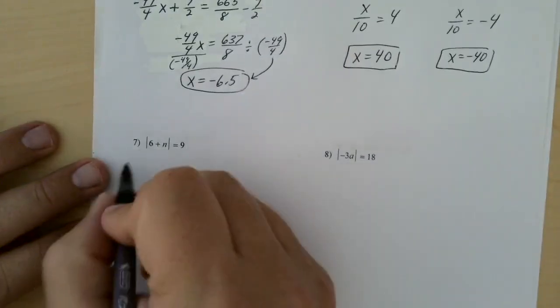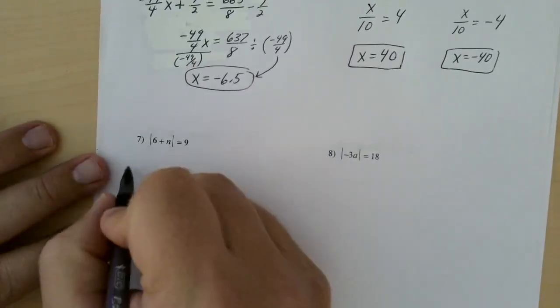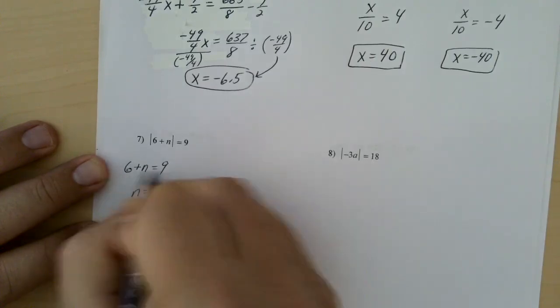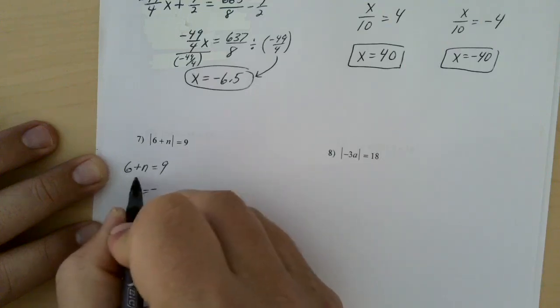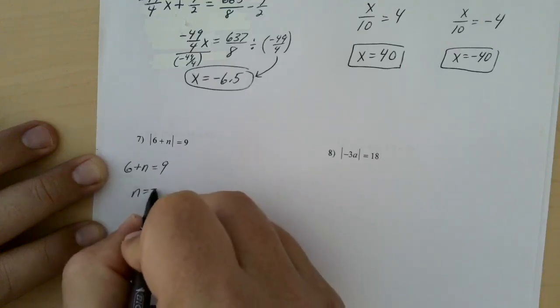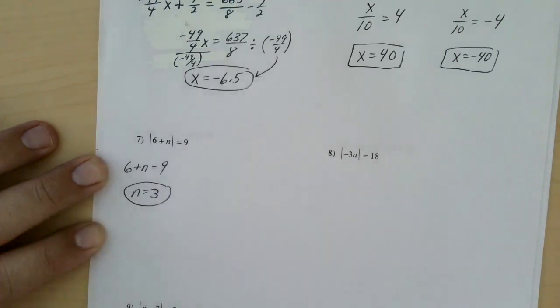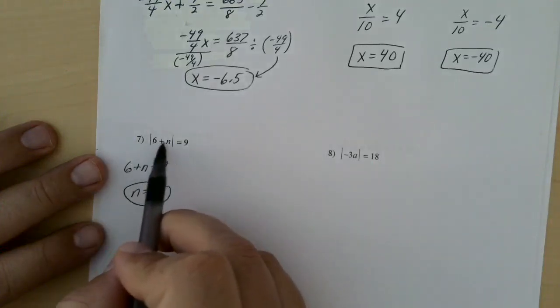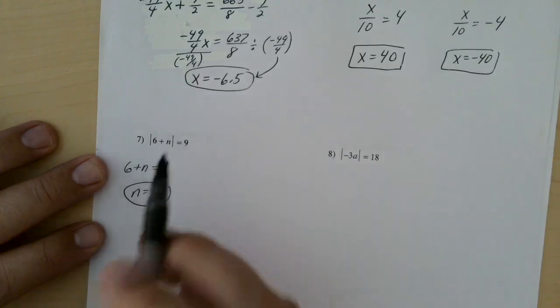Okay, so once again, for this problem, I can drop the absolute value bars, and in one move, so it's just a one step, I subtract, and I'm going to get a 3. Okay, so I know my one answer is a 3. It's real easy to plug in to my original problem. 6 plus 3 is 9. Absolute value of 9 is 9.